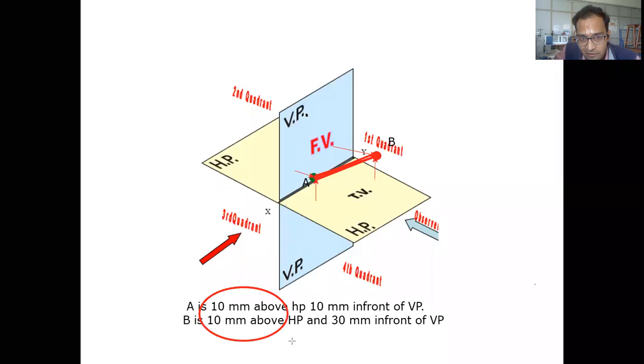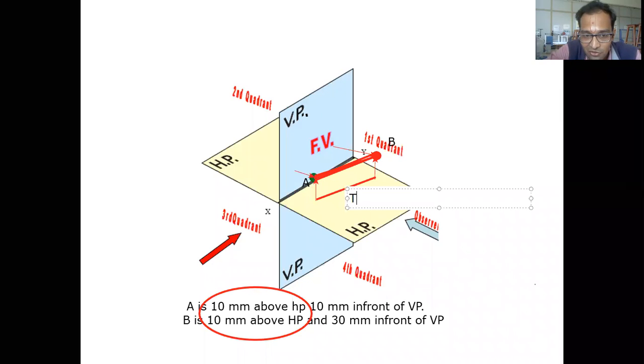I have written that it is 10 mm above HP. If both are 10 mm above HP, then it is going to be parallel to horizontal plane. And if it is parallel to horizontal plane, the true length of line is going to be available in the top view, in the plane which is parallel to that line. Okay, so this is going to be the true length.